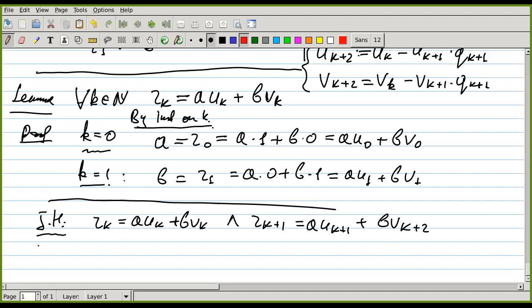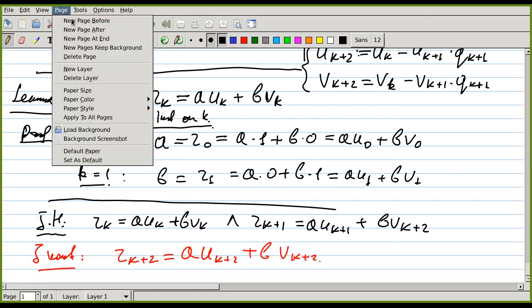So it is enough to prove that it holds for K plus 2. Is it clear? Yes.